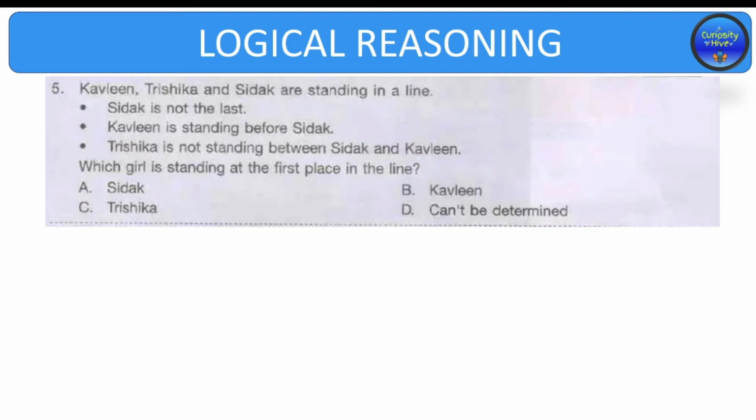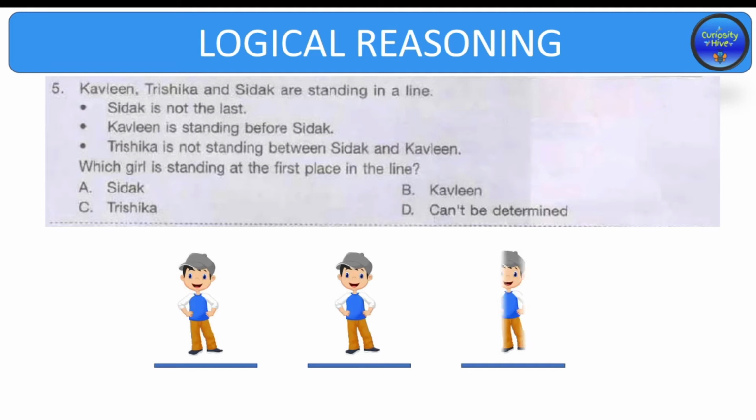Well, let me tell you how to solve this. So there is a line with 3 positions. Now Siddhak is not the last. That means Siddhak would not be in this position. So Siddhak can be in first and second position. Another point to note is Trishika is not standing between Siddhak and Kavleen. Between is this position.